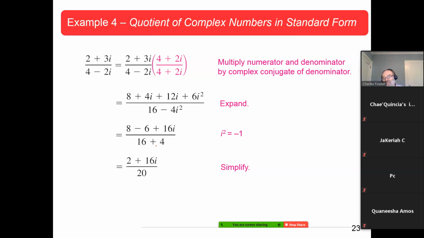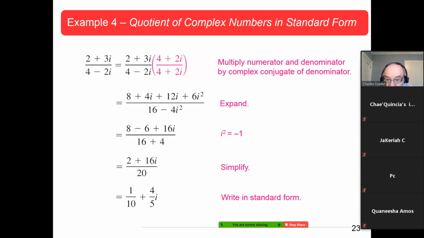Now, I like that form really well. It's just simple. It's there. I would divide out the 2's, but the book always likes you to take it to standard form, which would be 1/10 plus 4/5 I. This over this is 1/10. This over that is 4/5 times I. They always love you to take it to standard form.